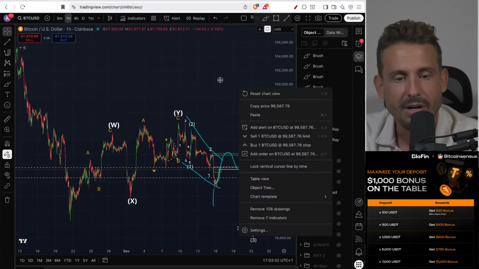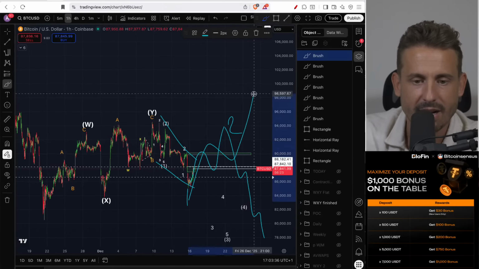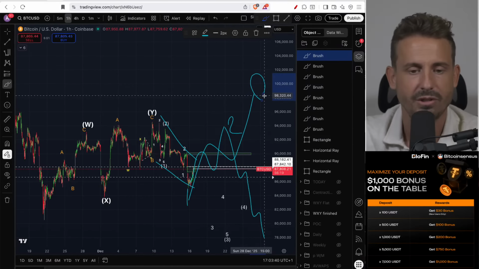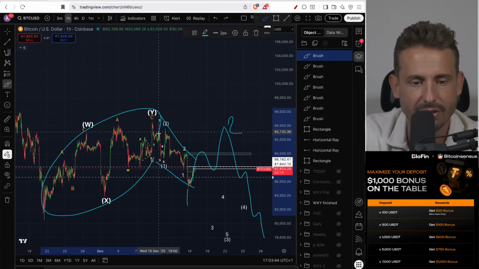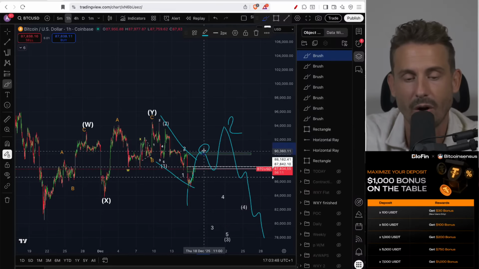We do not know that. There is the chance of forming the zigzag up, getting above 95k, even to 100k levels, or there is the finished correction contracting diagonal. We hit 90k plus. Oh my goodness, it's bullish.